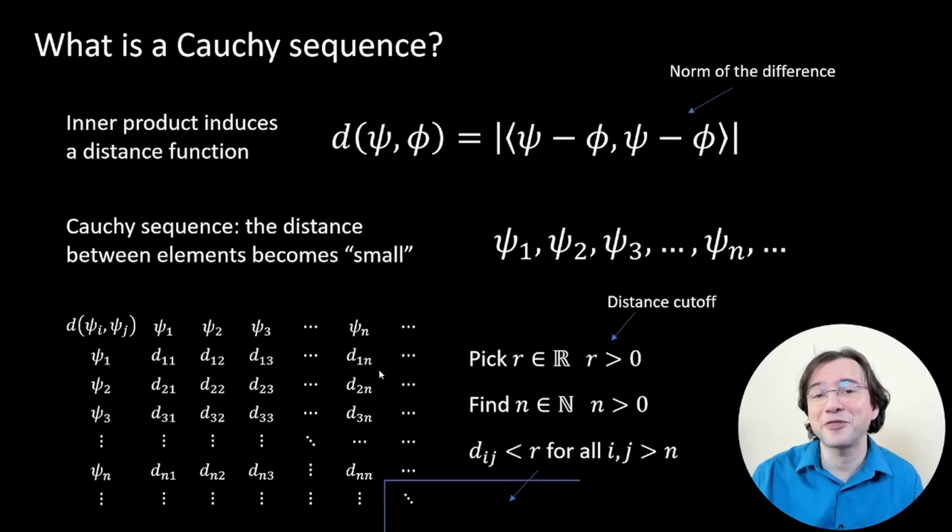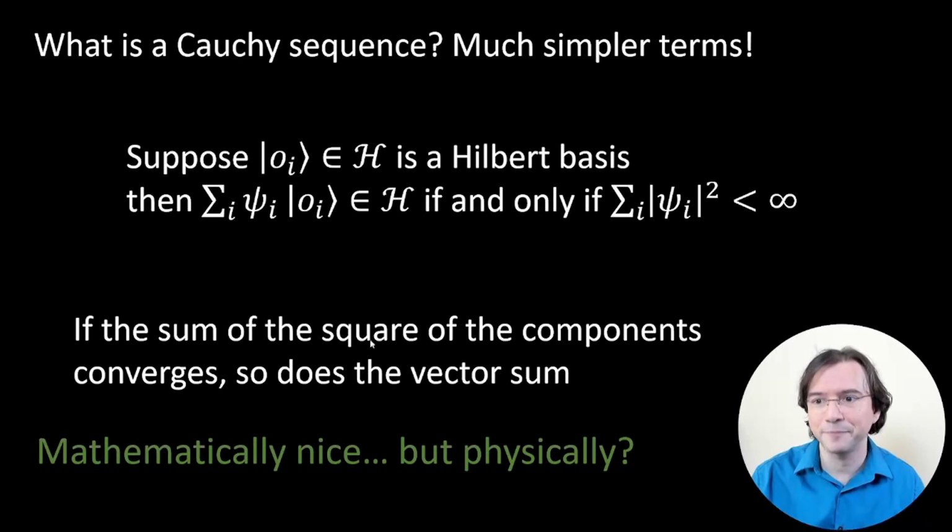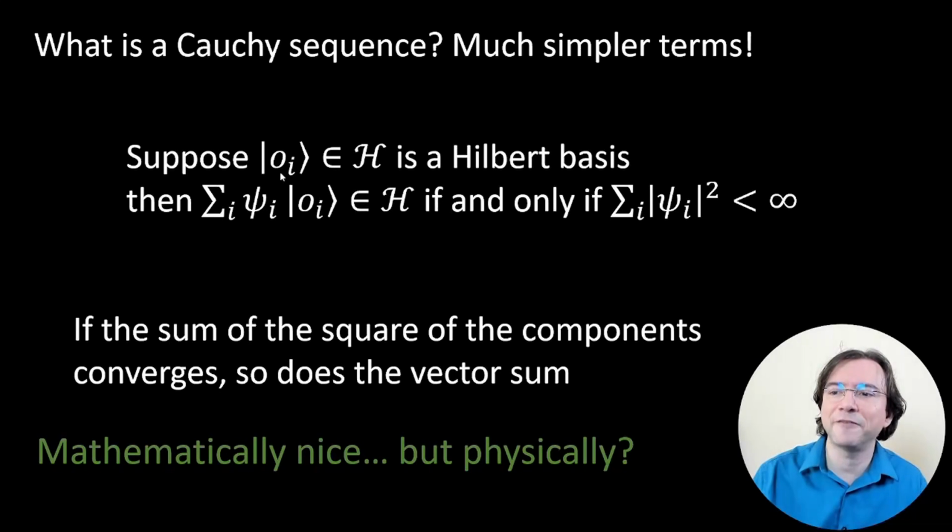So can we find something that is a little bit easier, that makes a little bit more sense? And of course we can. So if we have a Hilbert basis, right, and this is again a set of orthonormal elements that span the whole space, then a linear combination of those elements is in the Hilbert space, and therefore it's a Cauchy sequence, if and only if the sum of the square of the components converges, right?